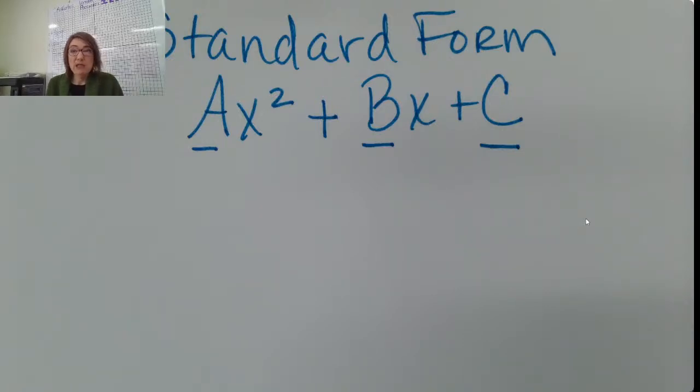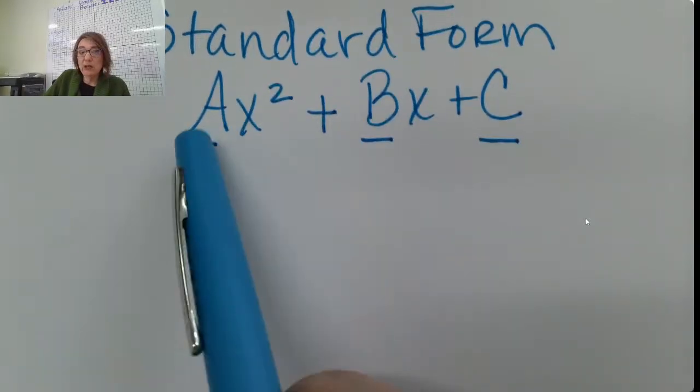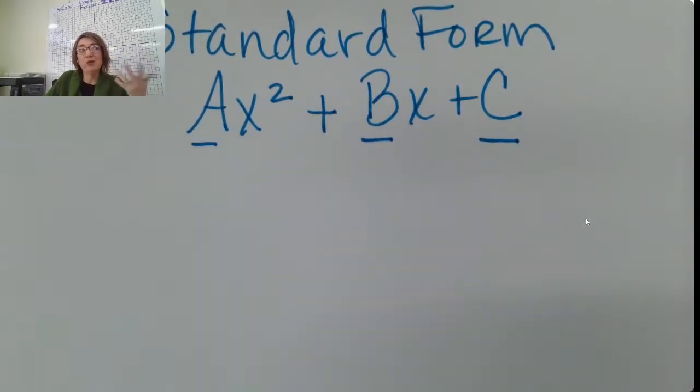It'd be 0x. We just don't write that. If it's x squared and there's not a number in front of it, what is the understood coefficient of that? 1. So that would be a value where a was 1, right?